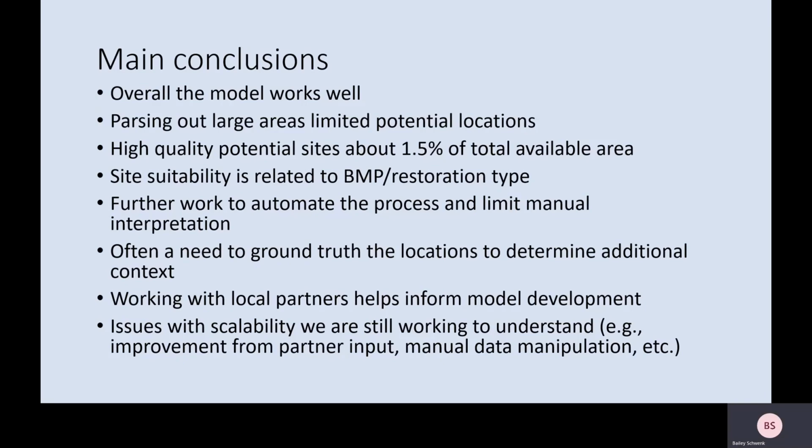And finally, there are issues with scalability that we are still working to understand. This includes improvement from partner input, because on a large scale, you would not be able to get all the input from the different partners. And also manual data manipulation limits scalability.